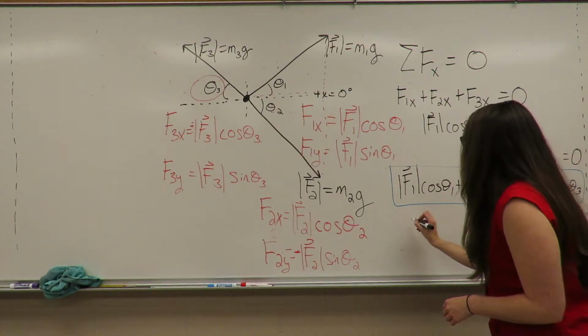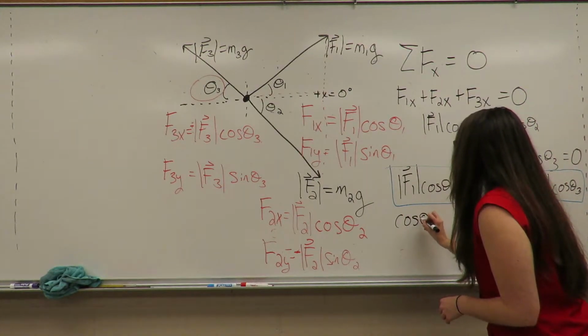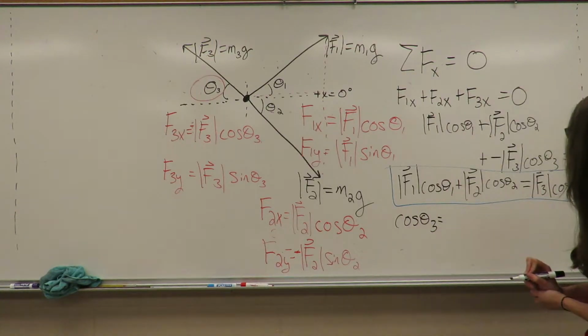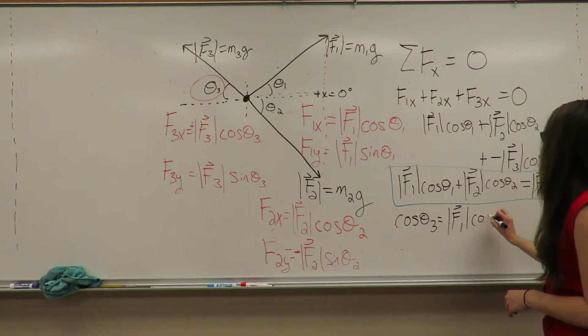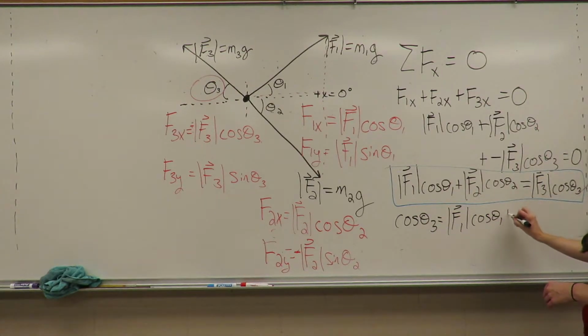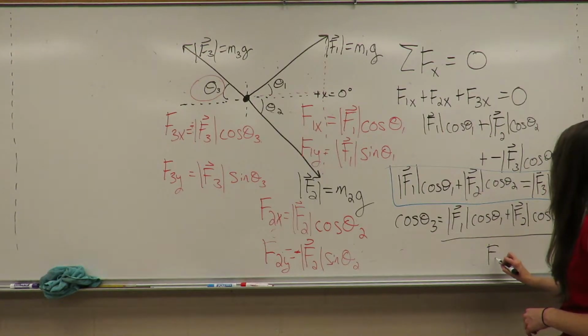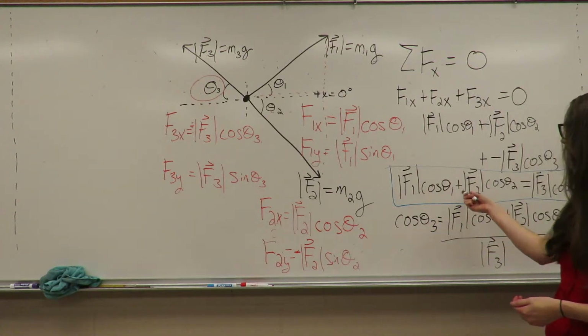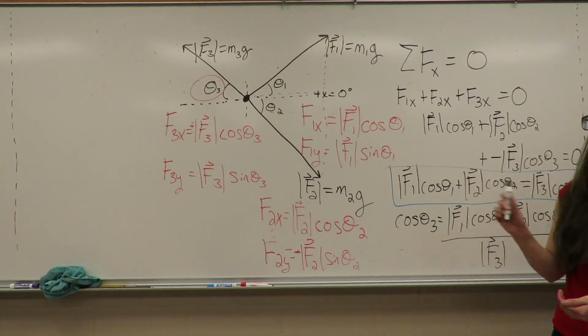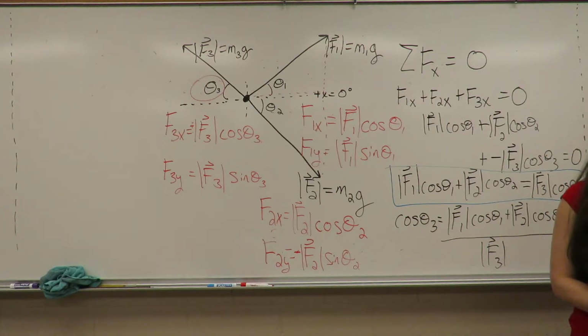So then I'm going to end up with cosine theta 3 is equal to F1 magnitude cosine theta 1 plus F2 magnitude cosine theta 2, divided by the magnitude of F3. Okay? Then if I take the inverse cosine of this side, I will get my value for theta 3.